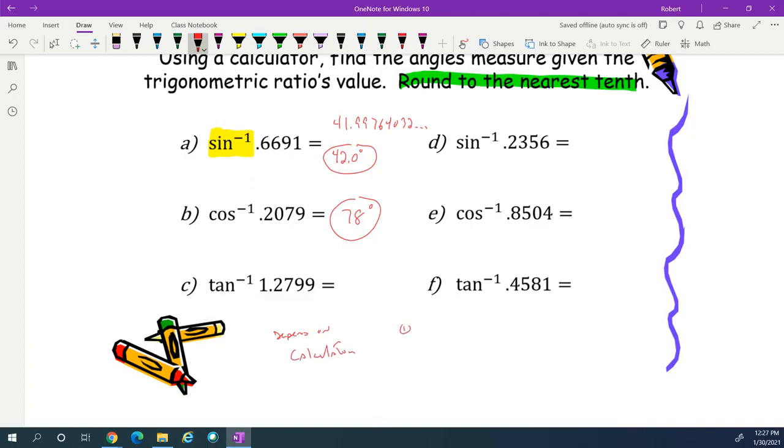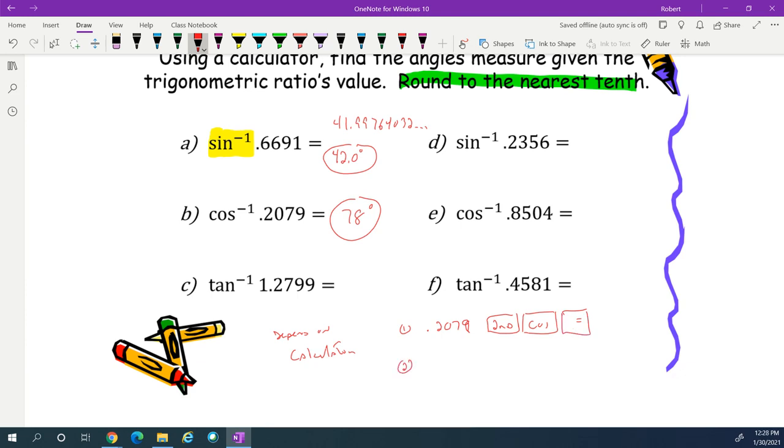One way is 0.2079, then the second button, then the cosine button, and then the equals button.